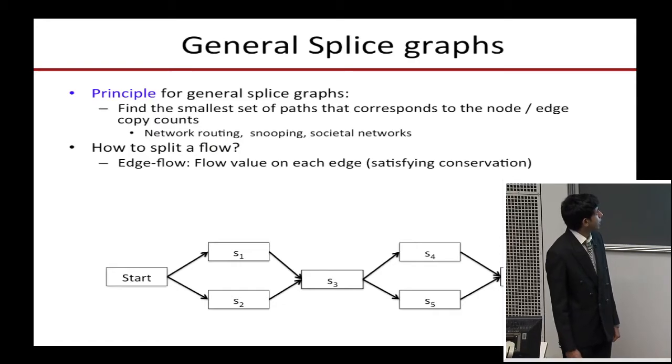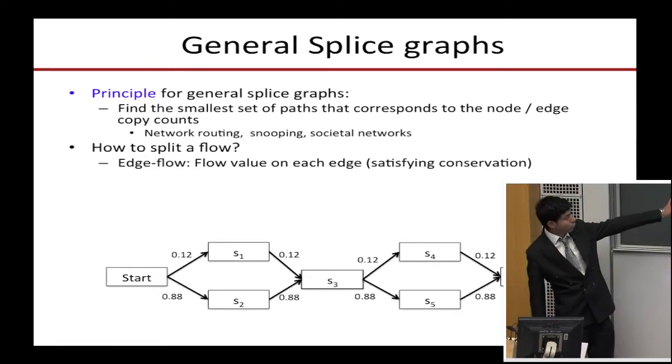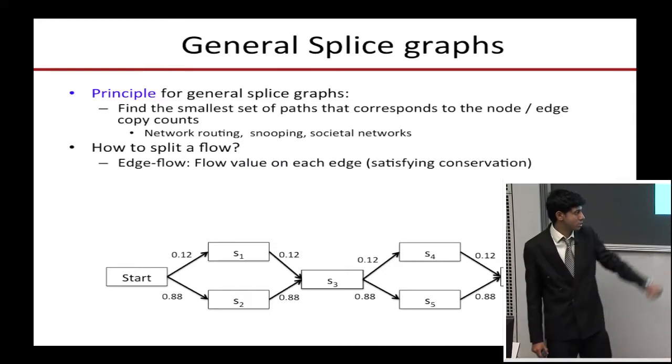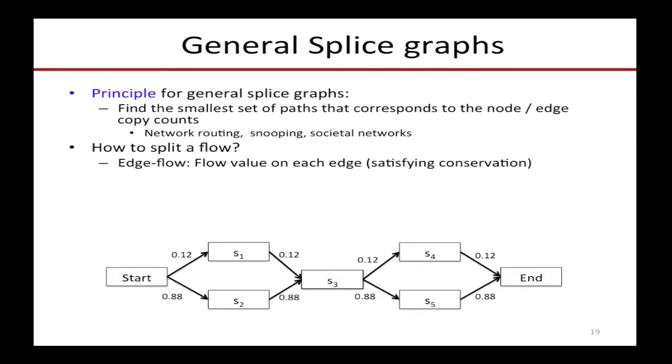One is to represent the value of the flow on each edge, what is the value of flow on this edge, and so on. Here, for example, there is a conservation constraint that 0.12 plus 0.88 is equal to 0.12 plus 0.88. This is called an edge flow. You specify the value of flow on each edge, and these values satisfy the conservation: whatever comes in goes out, total in equals total out.